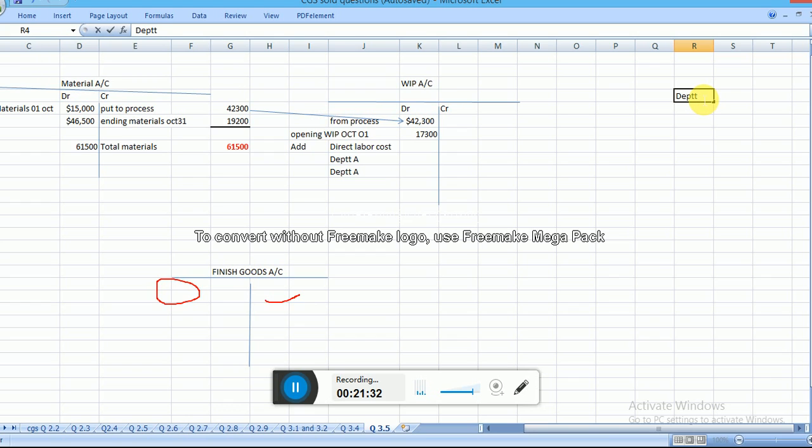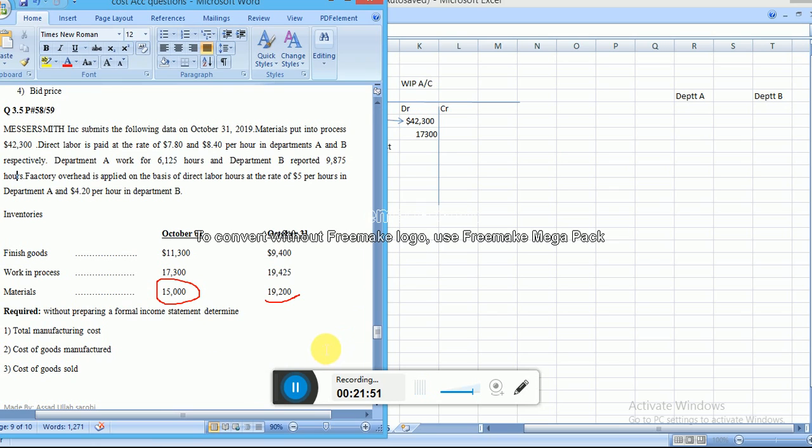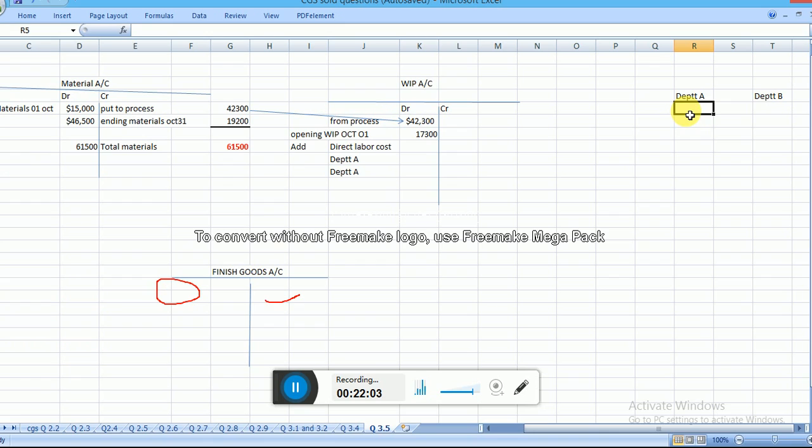Department A, this is additional calculation, and this is department B. So direct labor cost in department A per hour rate is $7.80 per hour, and in department B per hour rate is $8.40. Clear? Okay.